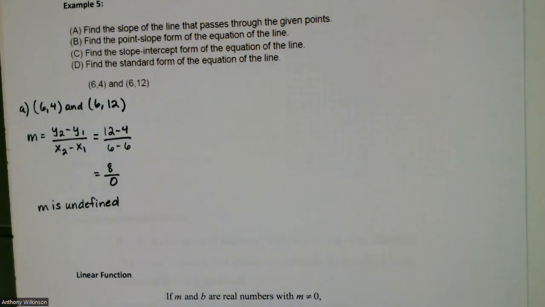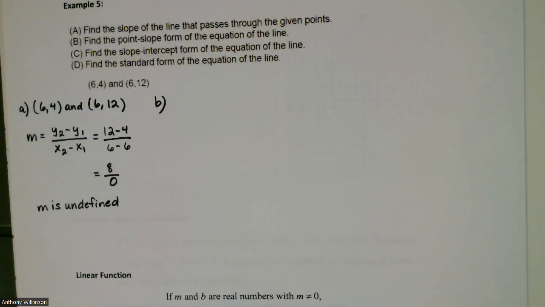So when the slope is undefined, I know something here about this line. That line is going to be a vertical line going straight up and down. Now, part B. And even in the homework, they will tell you whether the slope is defined or not.